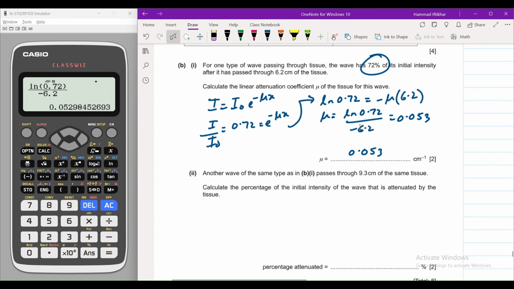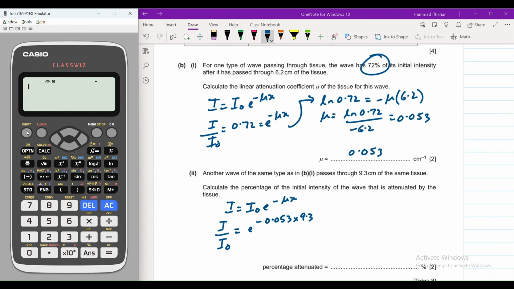Another wave of the same type as in B1 passes through 9.3 centimeter of the same tissue. Calculate the percentage of initial intensity that is attenuated by that tissue. So I over I naught equals e raised to power minus 0.053 times 9.3 centimeter.